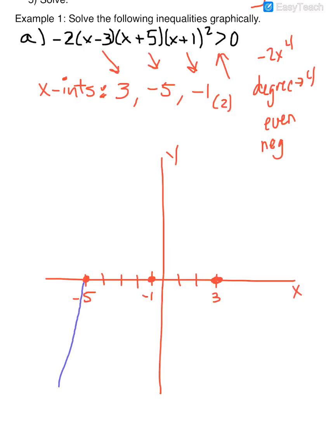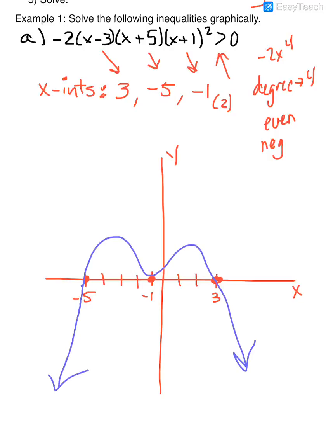If I graph this, it's going to go through -5, and then because it's at -1 with a double root, that's going to touch and go. Then because 3 is just a single root, it's going to go through. This is just a sketch, so my graph is probably not very good. That would be the sketch of the graph. I'm not worried about how high these go, so don't worry about trying to find those.